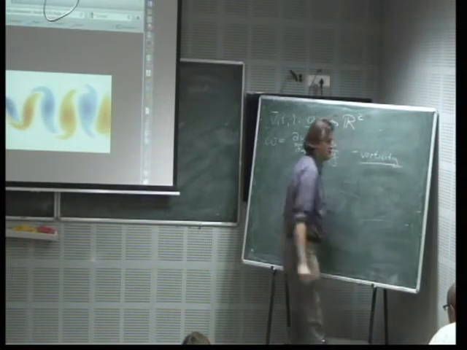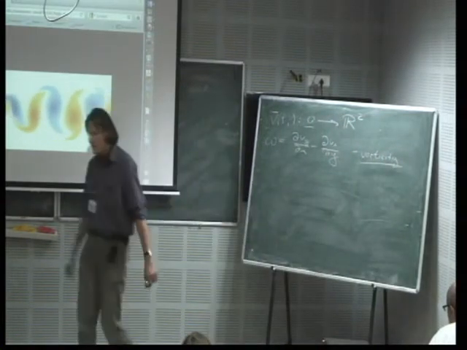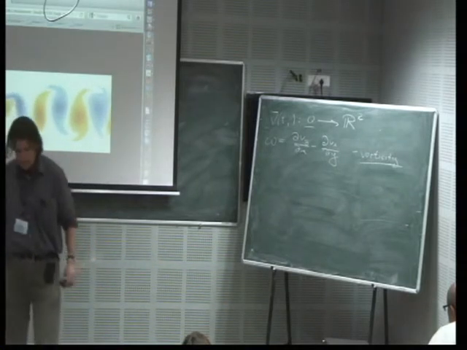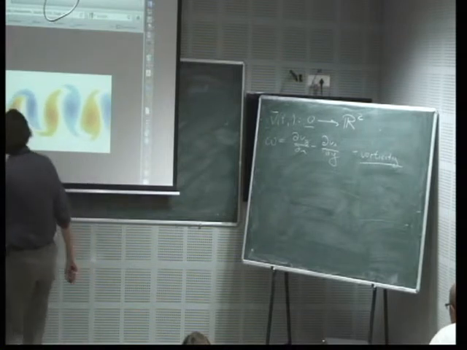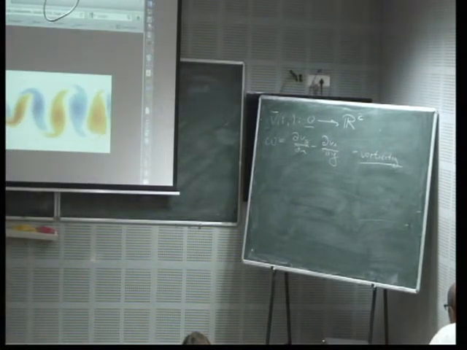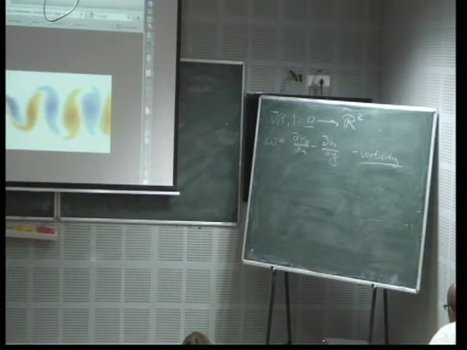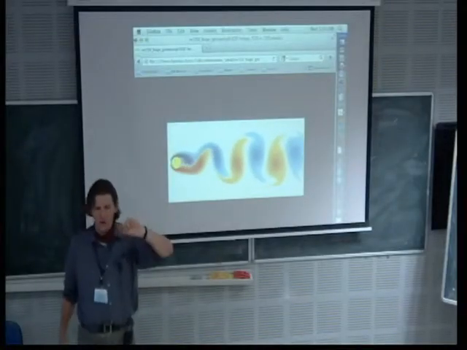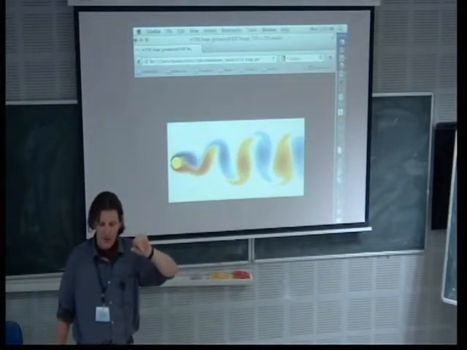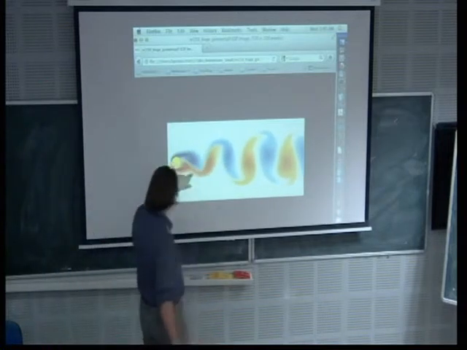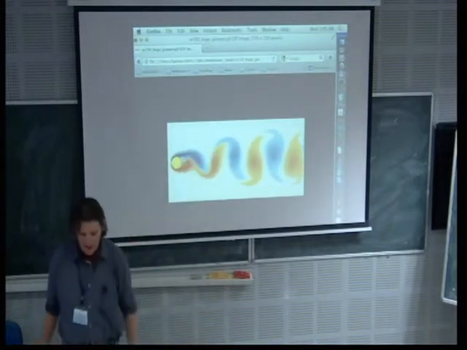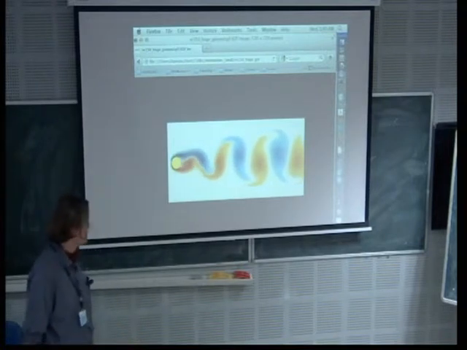Okay, and vorticity is a key quantity of interest to fluid analysis. Okay, so what we see here is the time evolving field of vorticity, where the blue color corresponds to the negative vorticity, so fluid is spinning clockwise, whereas the red corresponds to positive vorticity with fluid spinning counterclockwise.